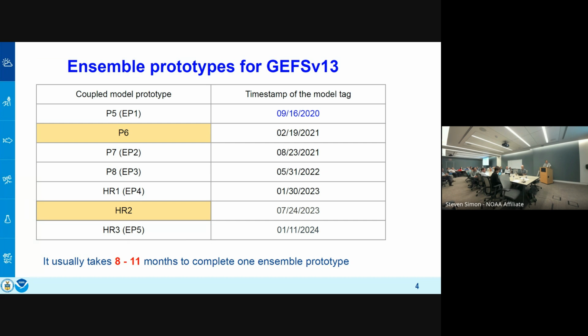On the right, you see the time span for each ensemble prototype. Usually, it takes about 8 to 11 months to finish one ensemble prototype. You need to configure the model, develop a workflow, and run the experiments and evaluation. So it takes a long time.